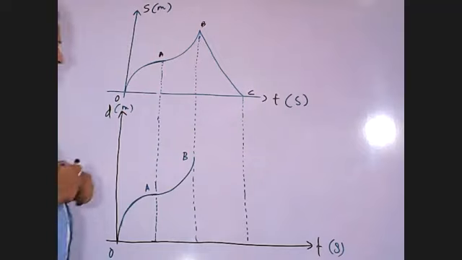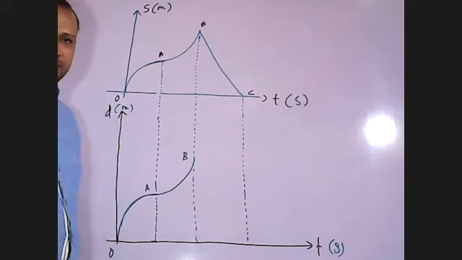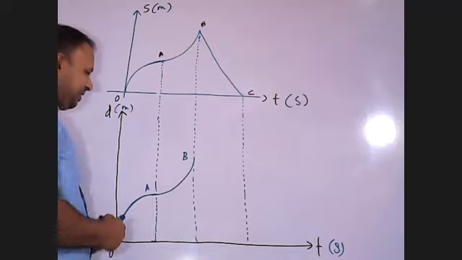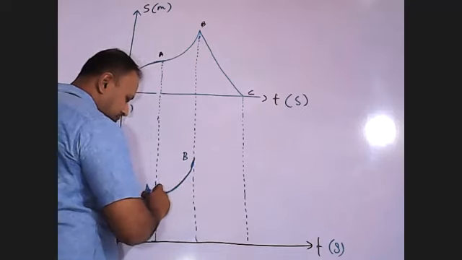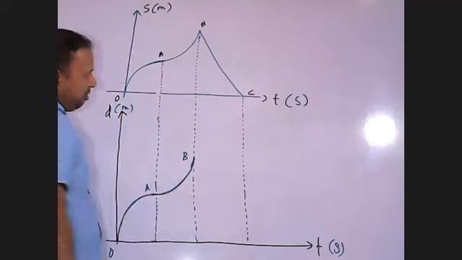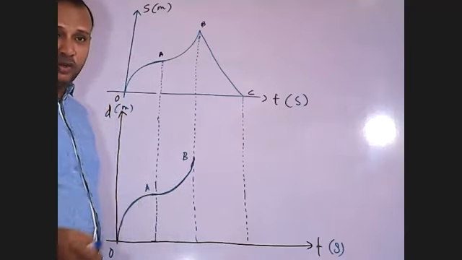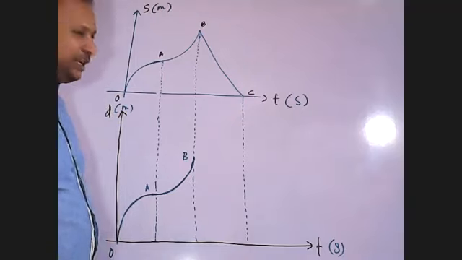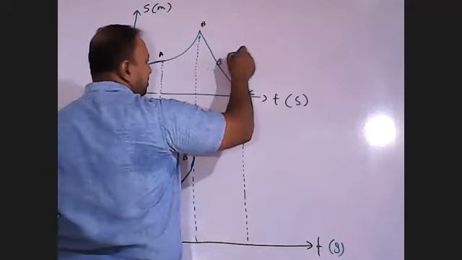Then B to C. The velocity is positive or negative? It is negative, sir. Negative. So, a straight line with an angle?